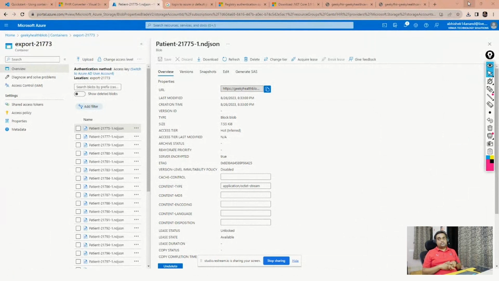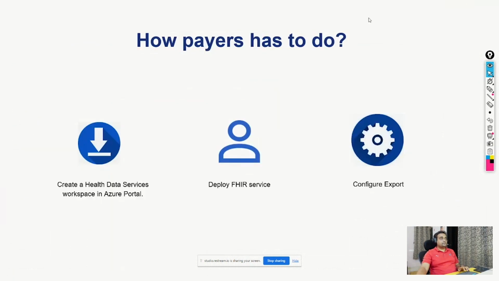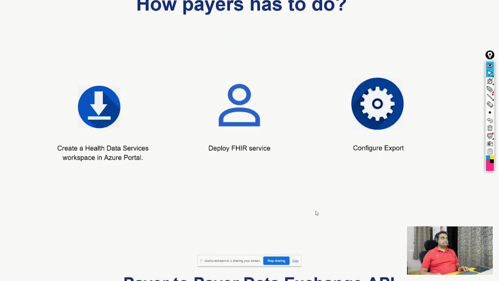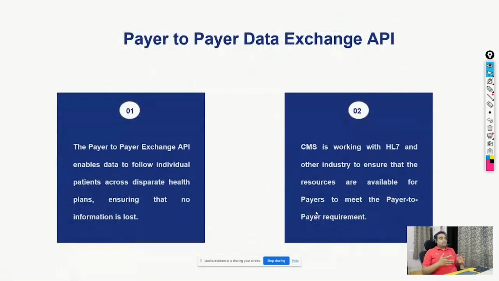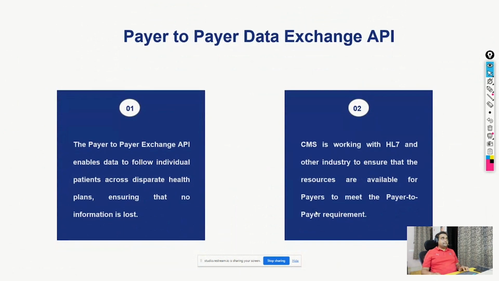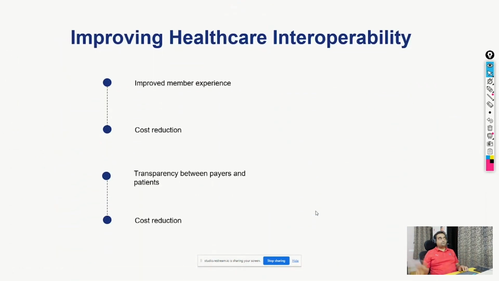Now I will talk about the convert FHIR. Okay, so I might go to the next slide. So I have already talked about what the payer-to-payer data exchange API is. This is nothing but the export.